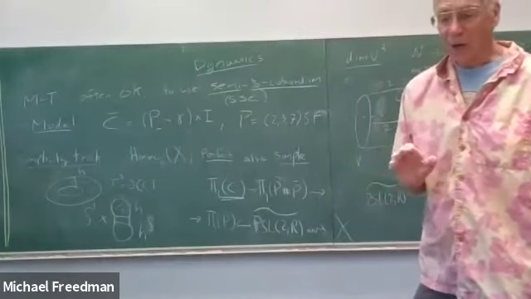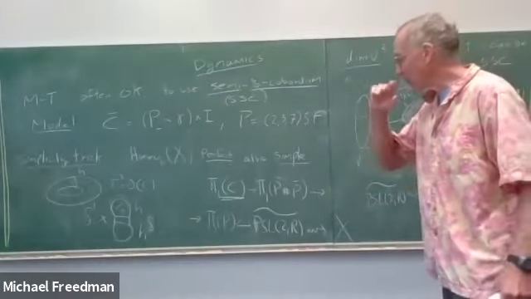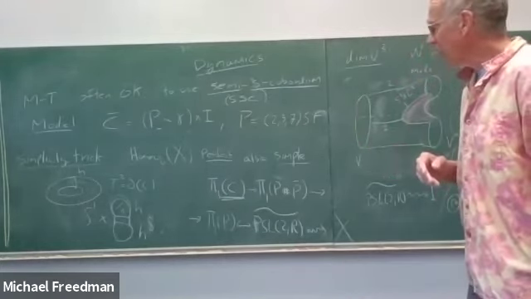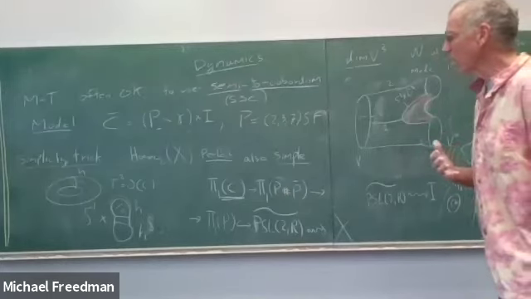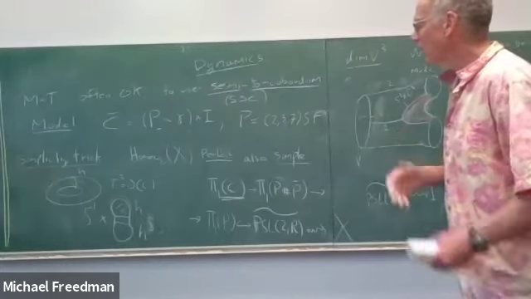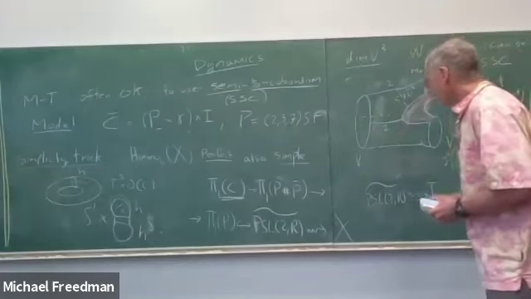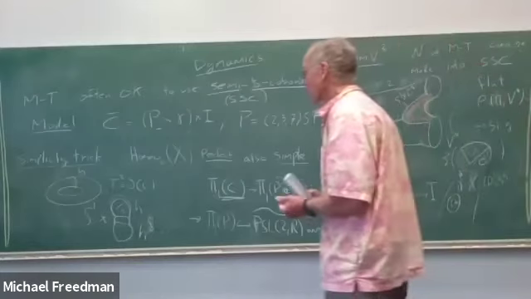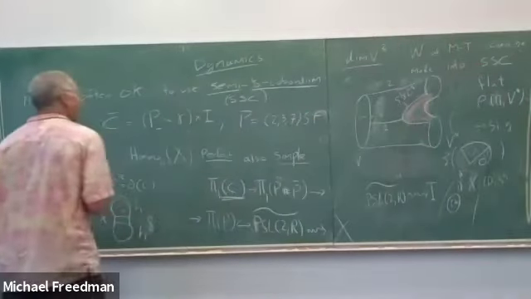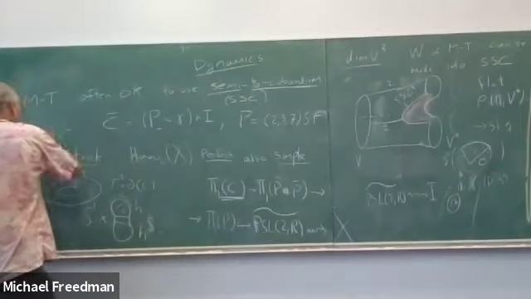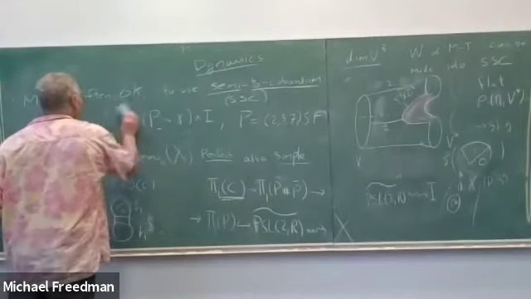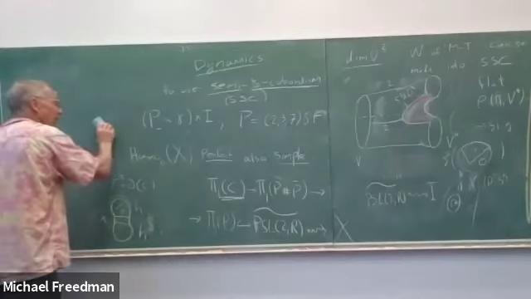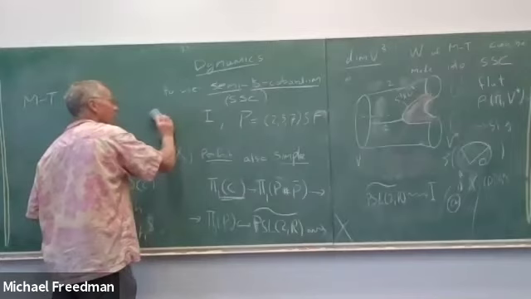And I don't know the answer, but what I do know, and it's in the preprint referenced in the abstract, is that if you're willing to stabilize the Mather-Thurston problem, then you can always solve the stabilized problem by a semi-s-cobordism. So let me explain this stabilization.